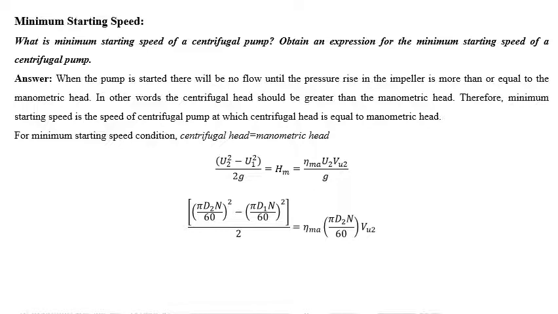Then divided by 2, that equals the manometric efficiency into, once again instead of U2, substituting pi d2 N/60, multiplied with Vu2. Now taking (pi N/60) squared common outside, the remaining is (d2² - d1²)/2 equals the manometric efficiency, then pi N/60 grouped together, then the remaining one is d2 Vu2.